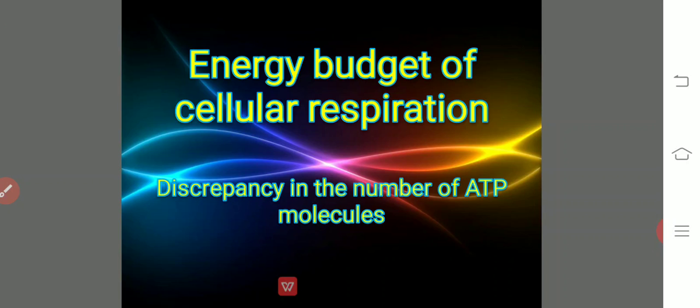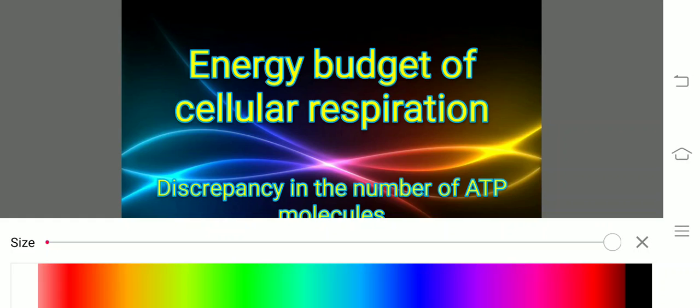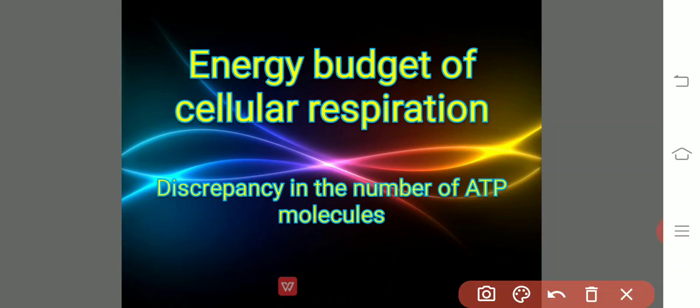This is known as the P by O ratio. Here the P represents phosphorylation and O represents the amount of oxygen consumed. Now, if the electron donor is NADH, then the P by O ratio, that is the ATP to half O2 ratio, is 2 to 3.